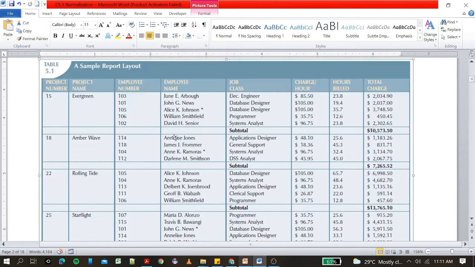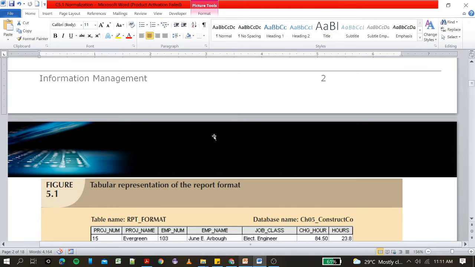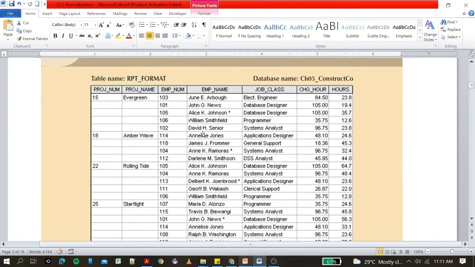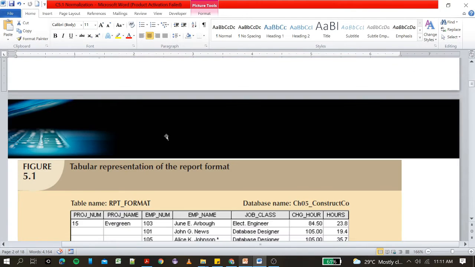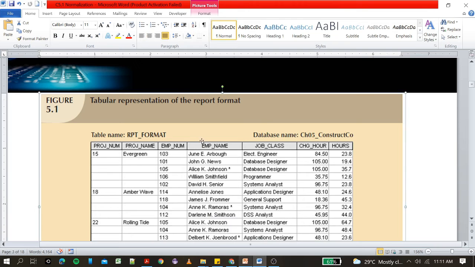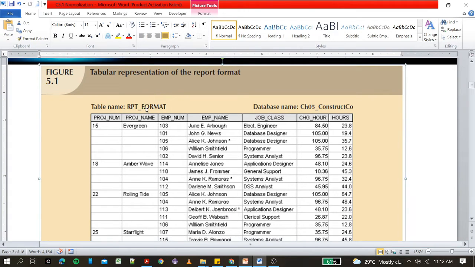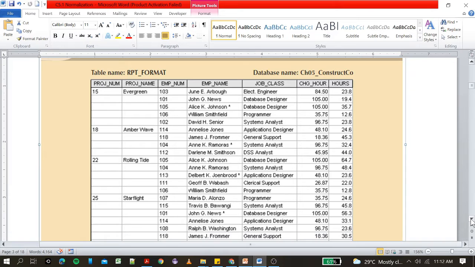Okay. So, ito yung structure ng report na pagdating dito sa ating figure 5.1 ay nirepresent in tabular form. So, this is the tabular representation of the report. And so, basically, ang pinag-usapan na natin dito ay yung table mismo sa database natin.